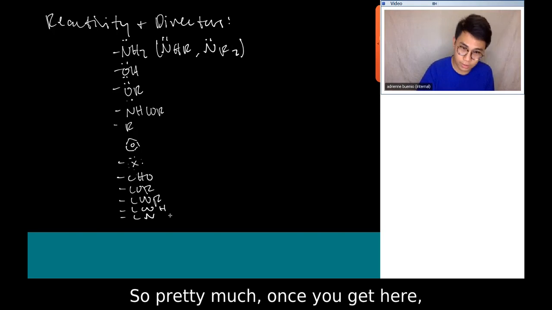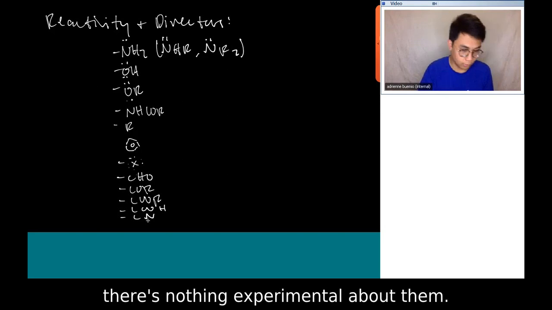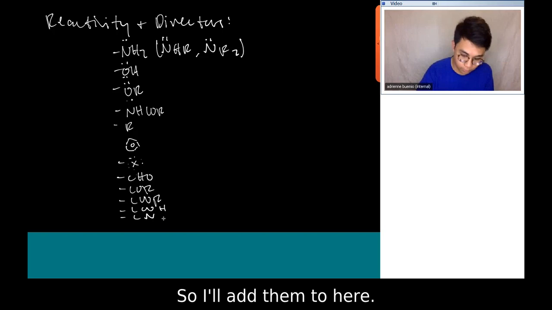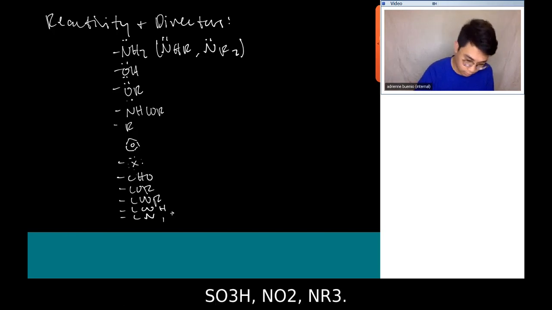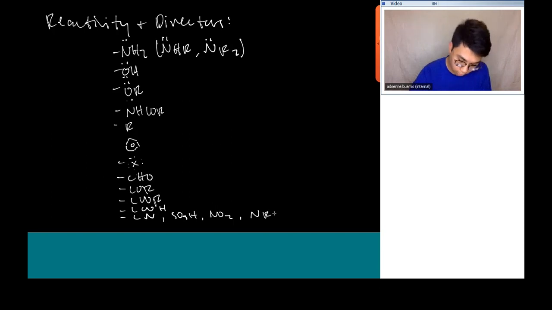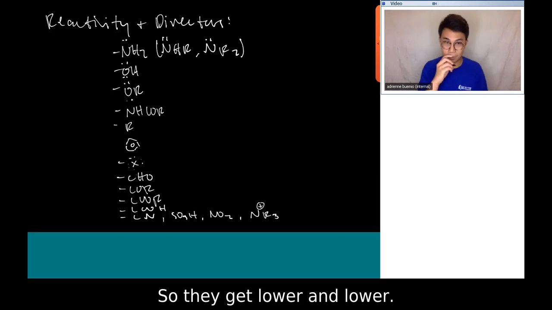Since pretty much these, once you get here, there's nothing special about them, I'll add them to here and just know that they get lower and lower, right? SO3H, NO2, and R3, right? So they get lower and lower.